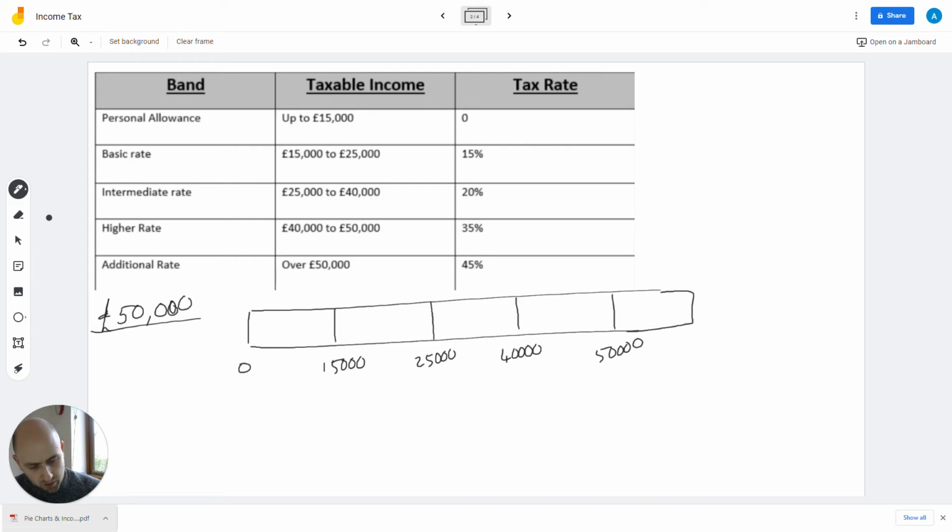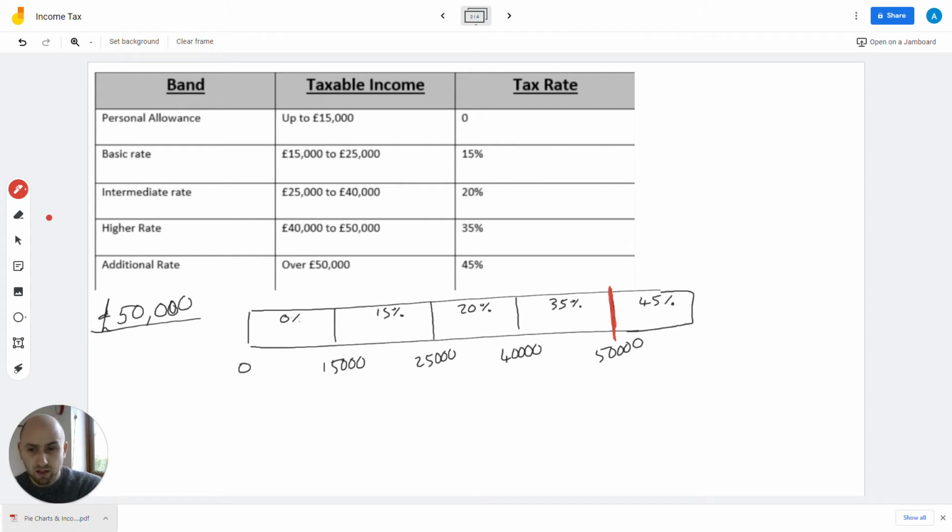Okay, so those are my boundaries, and then we've got the 0%, 15%, and so on. Okay, so that bit, easy enough. All the table just in that chart. Next bit is putting that 50,000 in the right section. So if we're looking at it, 50,000 would be right here. Okay, so it's already there.